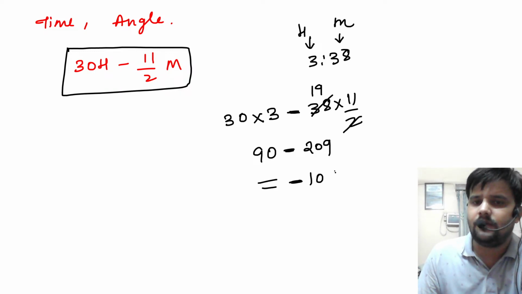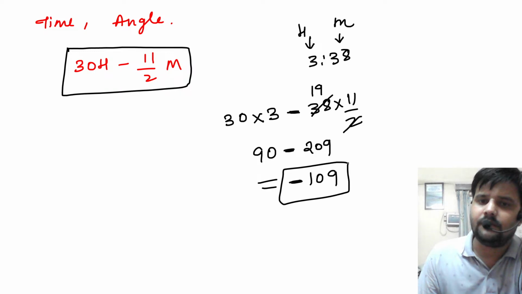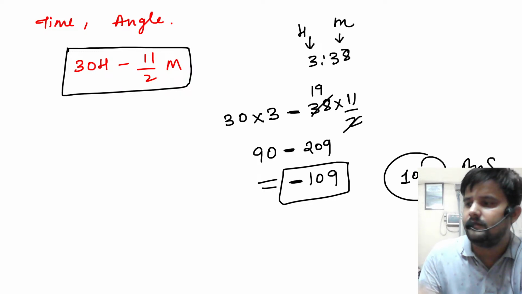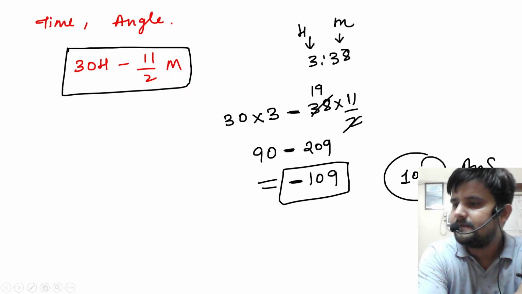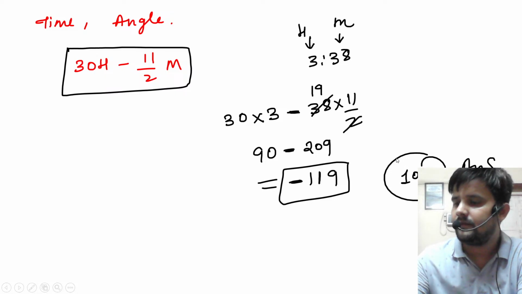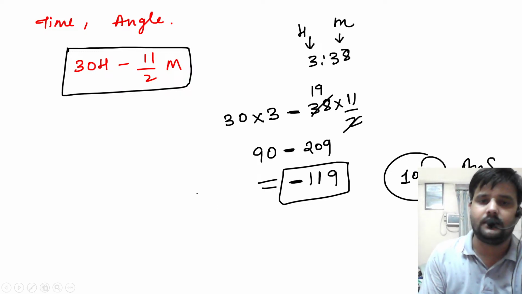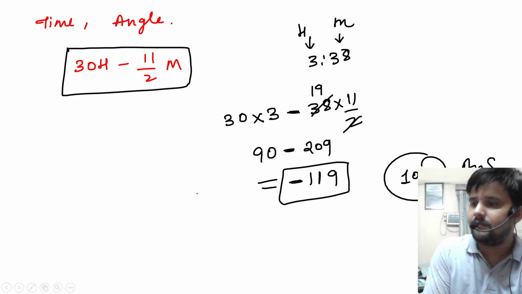Minus 109. But when we are talking about angle, it will never be minus, so your angle is simply 109. Yes, calculation mistake, it was 119. Correct.